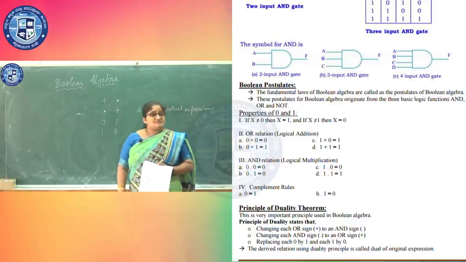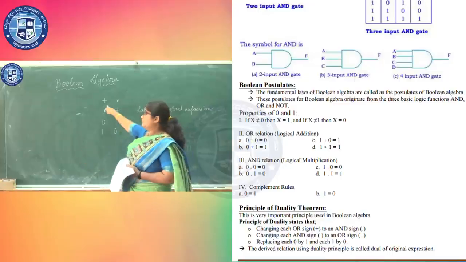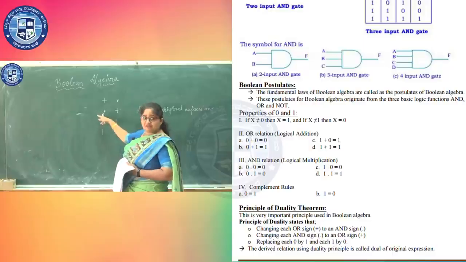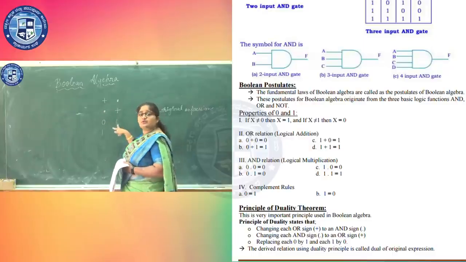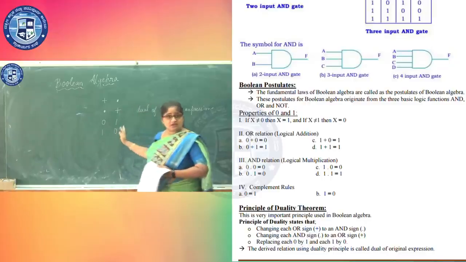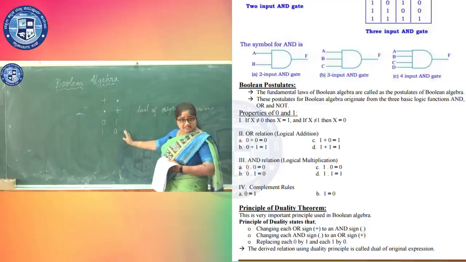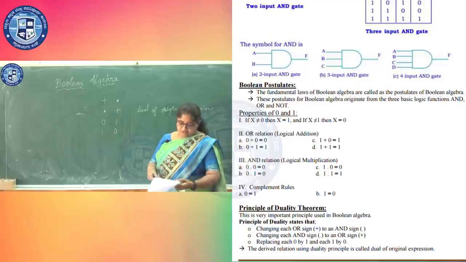The principle of duality theorem states that changing plus, that is the or sign, to and, changing the and sign to or, and replacing 0 by 1 and 1 by 0, and any expression derived from applying this rule we call the dual of the original expression.